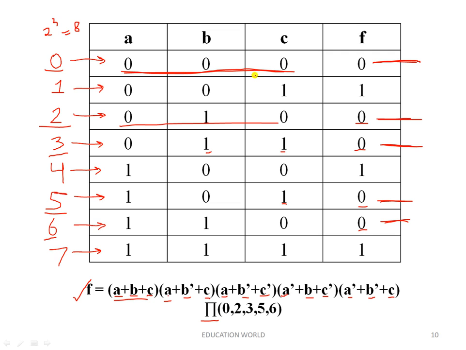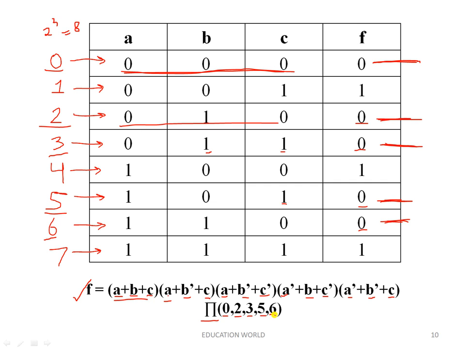Here 0 0 0 is 0, then this 0 1 0 is 2, and this 0 1 1 has decimal equivalent 3, and this 1 0 1 has decimal equivalent 5, and this 1 1 0 has decimal equivalent 6. So it is a compact version of a canonical product of sum.